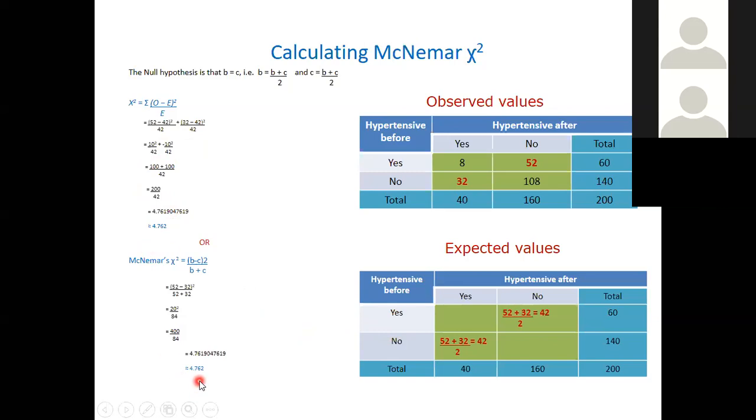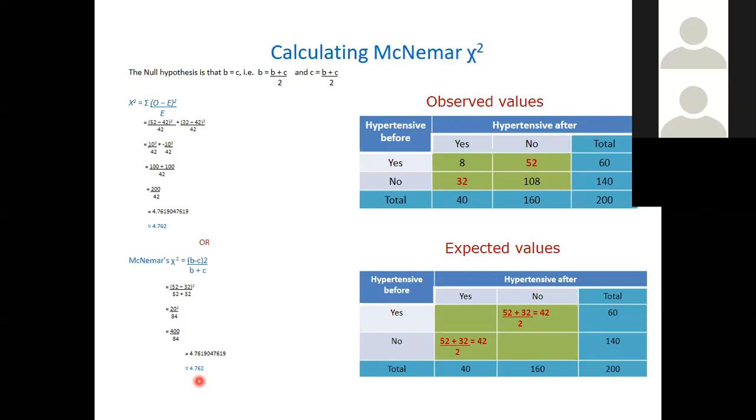Can you see? That's why the McNemar test is so simple. For the discordant cells, the difference between them, squared, divided by the sum of the discordant cells, gives you the McNemar chi-square. It's as simple as that.